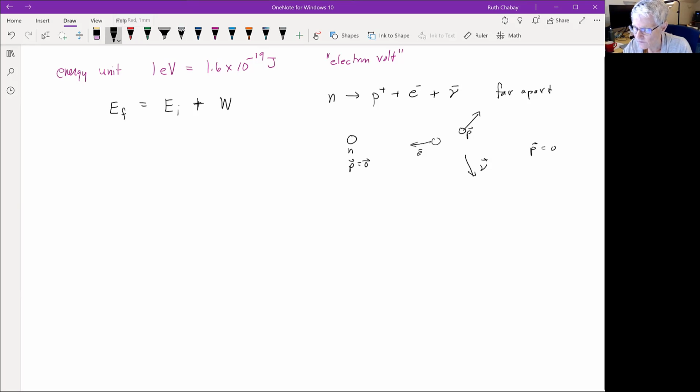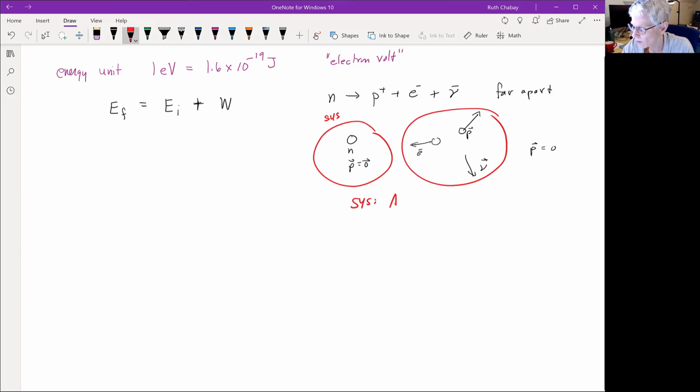So we have to choose a system and surroundings, and as in many cases, the thing to do is to choose the system that's everything. So we're going to choose the system as all particles.